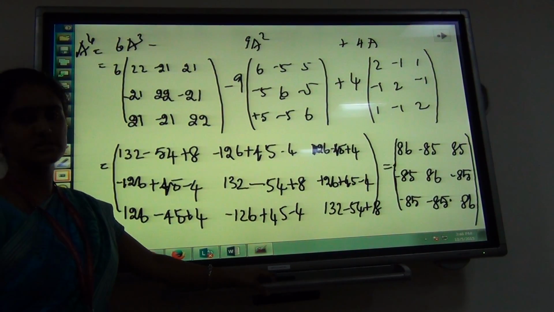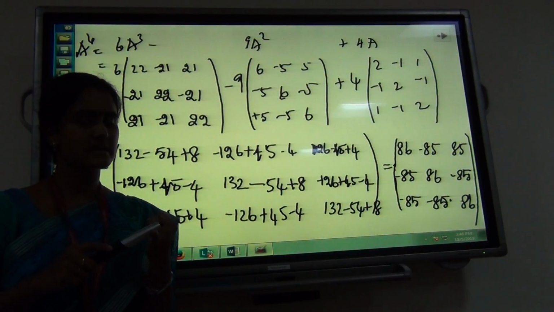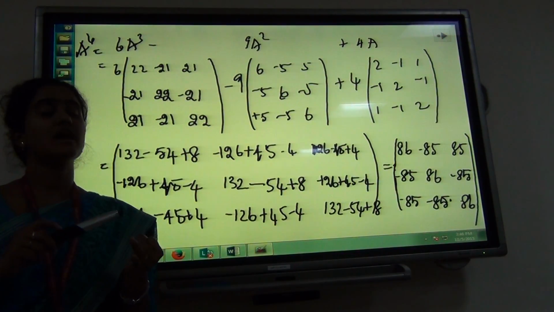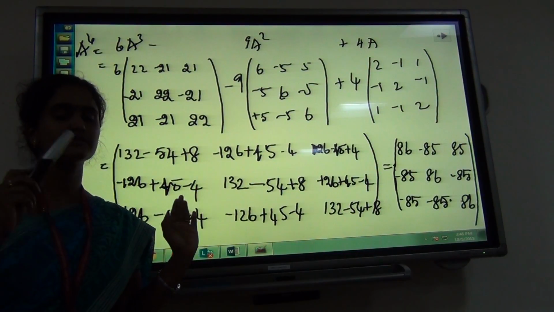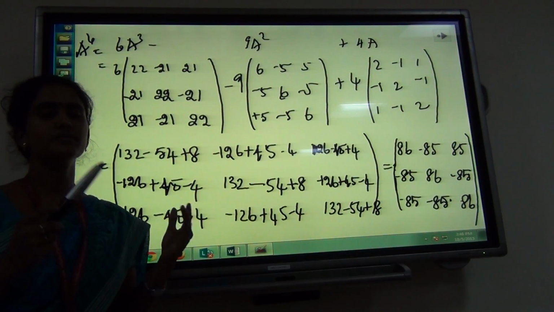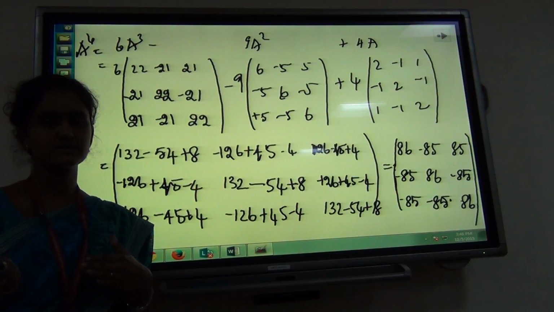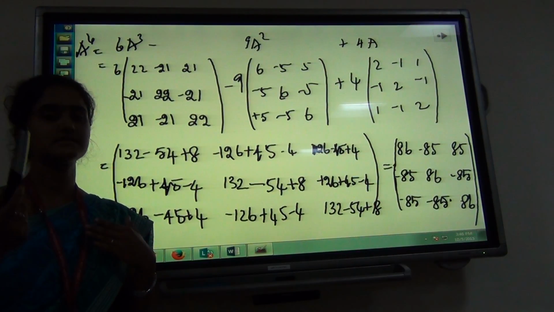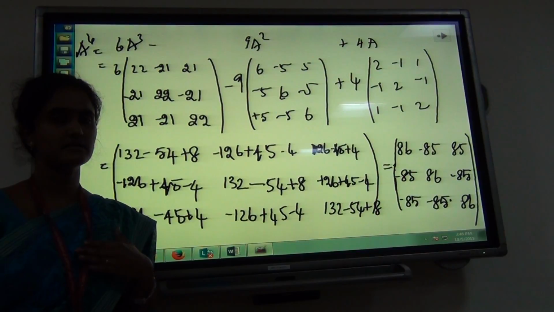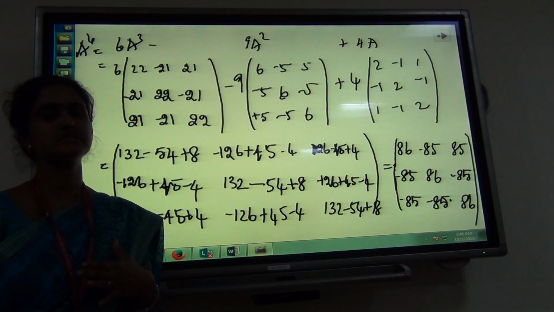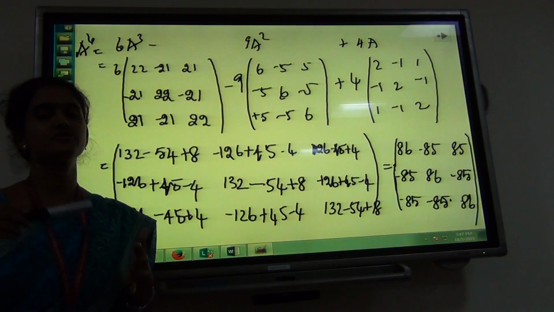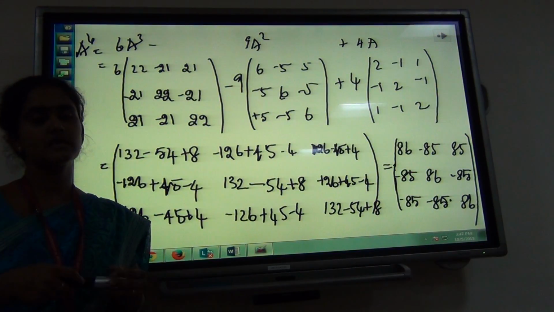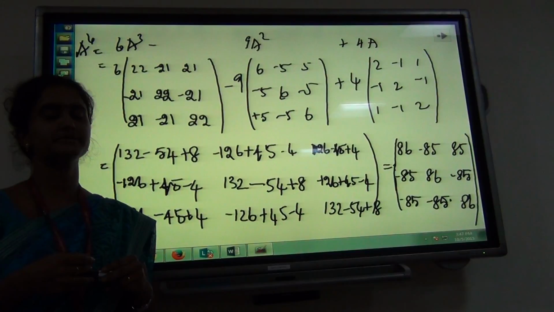So let us recall the steps. We were finding the characteristic equation, and as we replace that lambda by A, we get the characteristic equation in terms of matrix, that is A cubed minus S1 A squared plus S2 A, and finally the constant, I into Z, equal to 0. As we check whether this characteristic equation is satisfied, we say the Cayley-Hamilton theorem is verified.